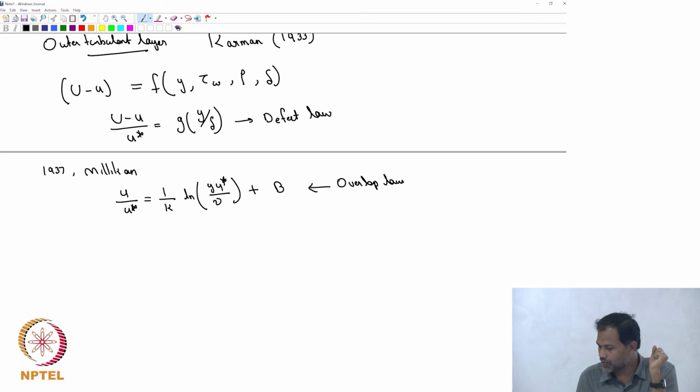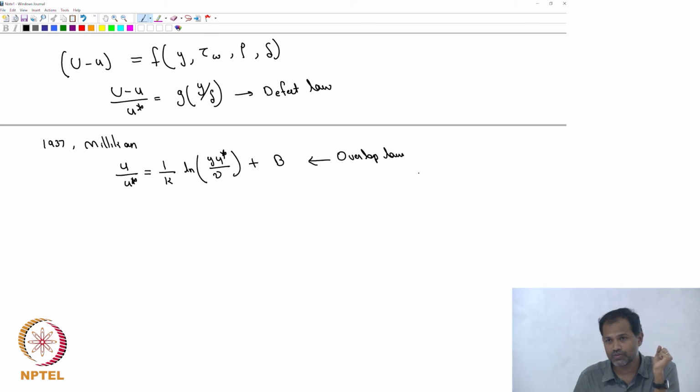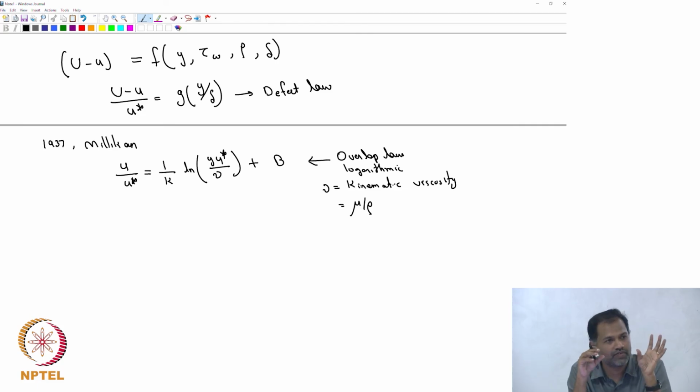Here nu is mu by rho. This is also called a logarithmic law, and therefore sometimes this is referred to as the logarithmic overlap layer. This is a log function connecting the velocity with distance. It is found experimentally that k is approximately equal to 0.41, and B is approximately equal to 5.0.